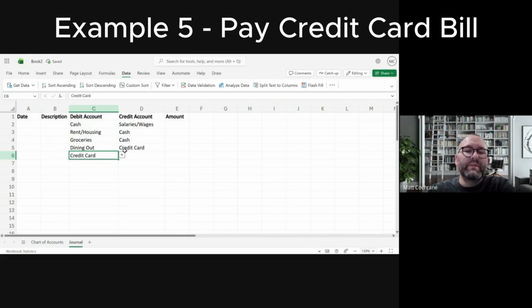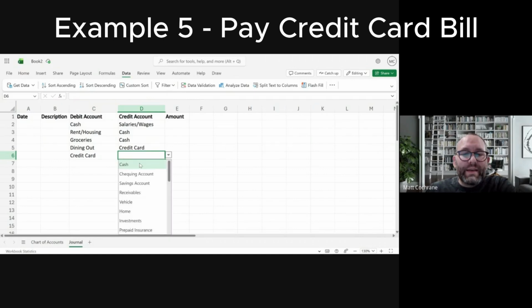And if we're paying off the whole amount, we would record whatever the smaller amount is. How are we making that payment? We're making that payment with cash.